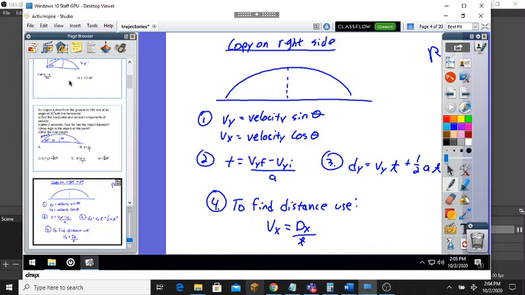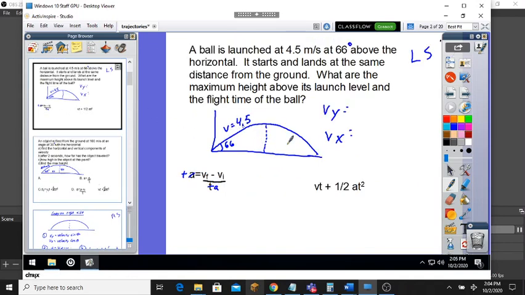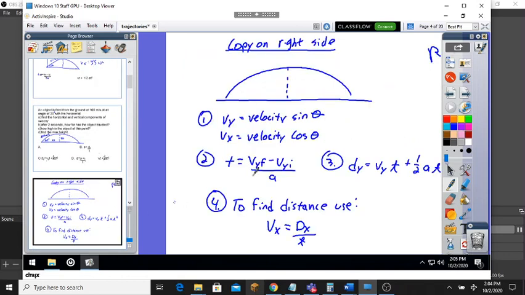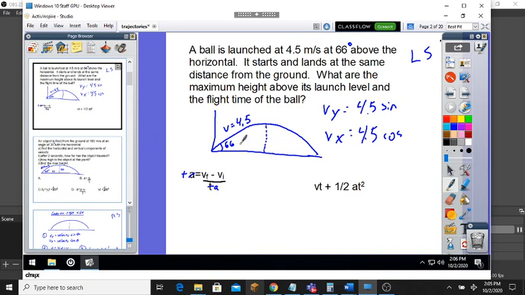Let's get the velocity first. The velocity is 4.5. This one's sine, and this one's cosine, okay? So that's this part. The velocity, sine, cosine, and then this is of whatever angle they give you. The angle they gave us was 66 degrees.